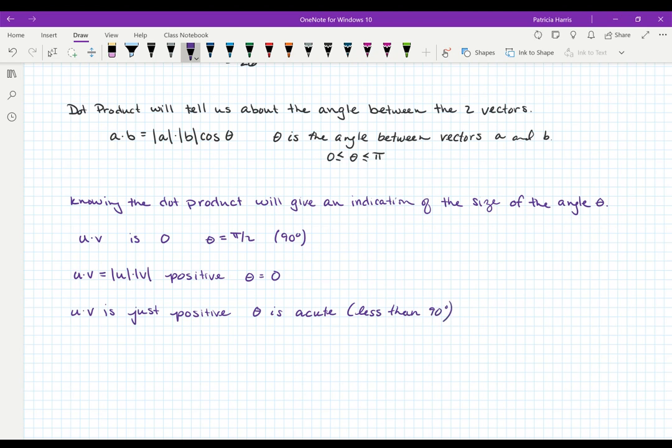Okay, if u dot v is negative, then theta is obtuse, which is greater than 90.